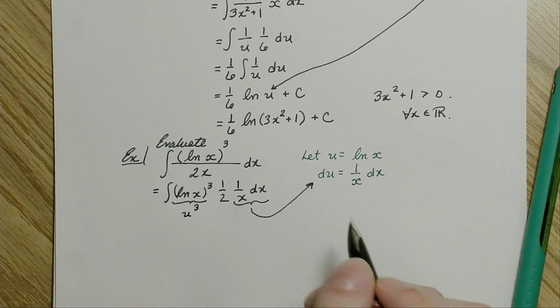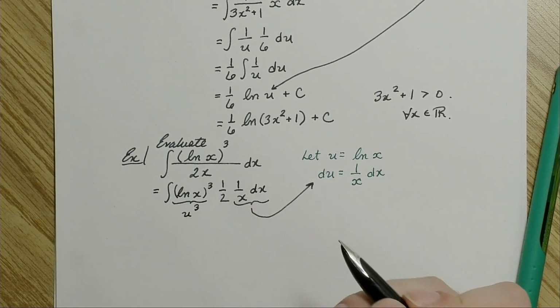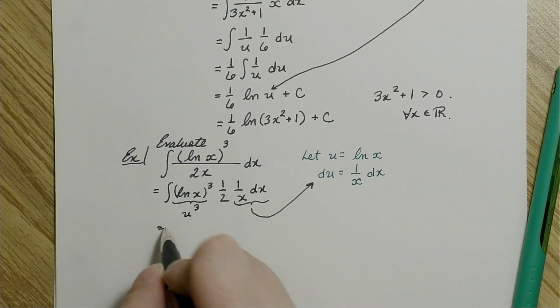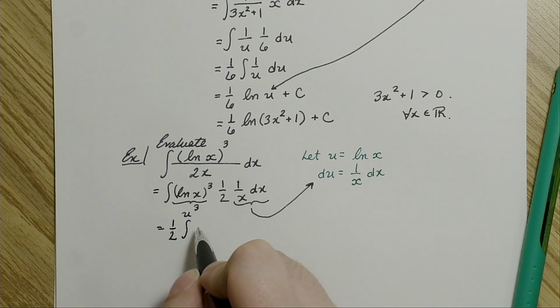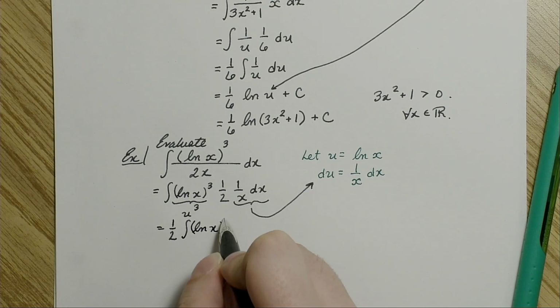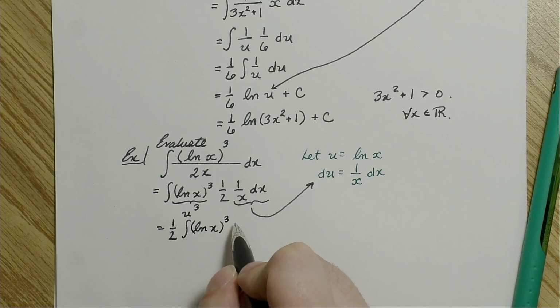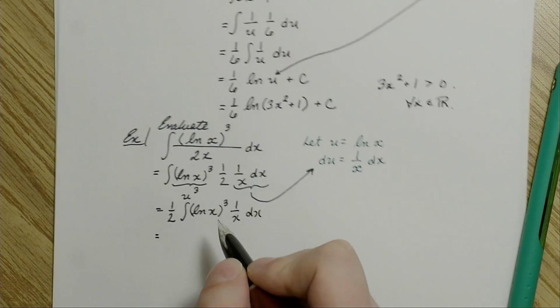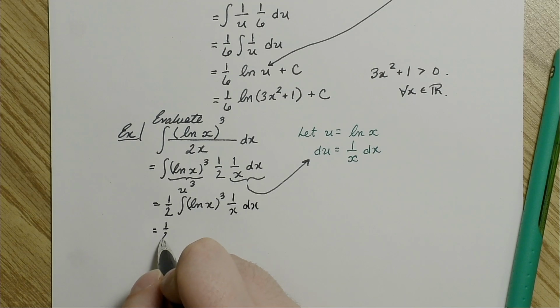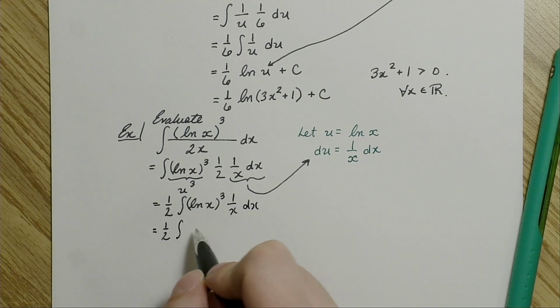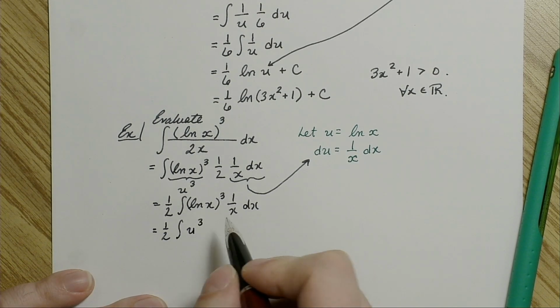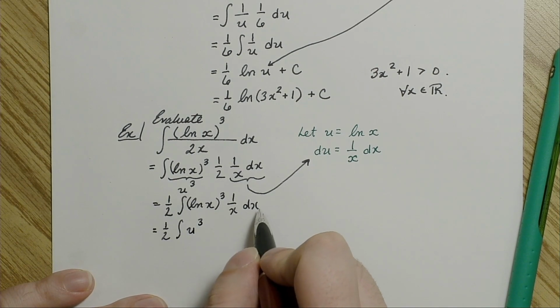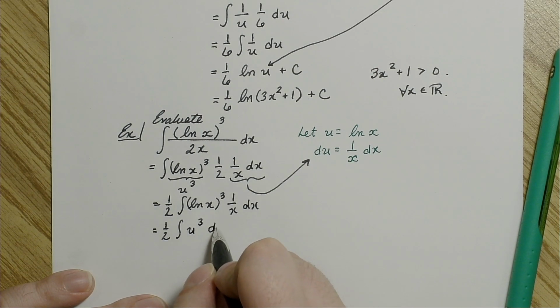And you might start panicking, oh no, what do I do with this 1/2? Don't worry about that. We can pull that out in front of the integral so that I'm left with ln x cubed. I have 1 over x dx, and so I'll just do my substitution now. So I got the 1/2, the integral of u cubed du.